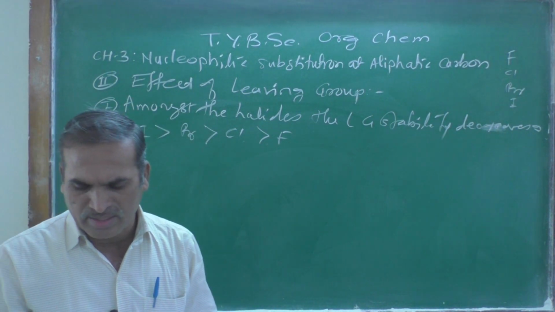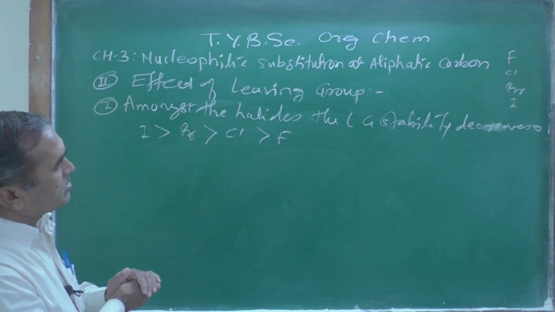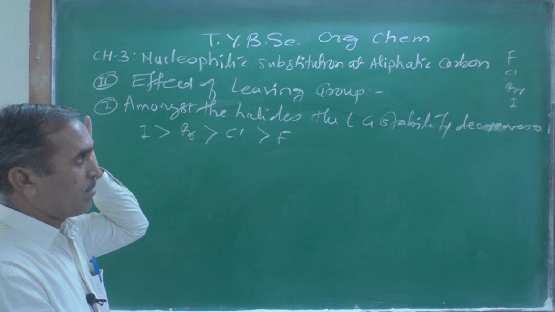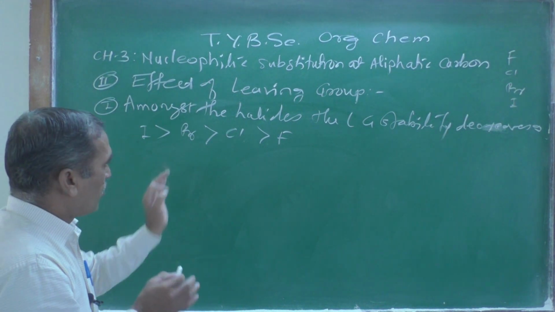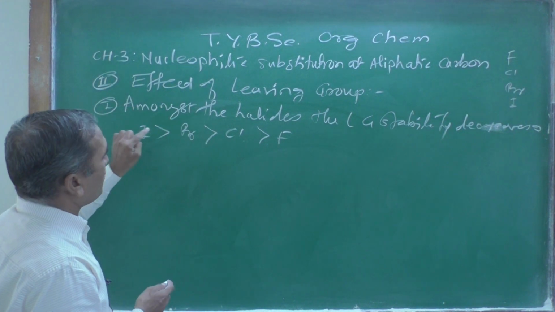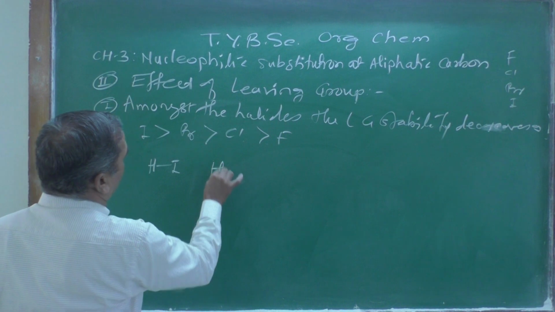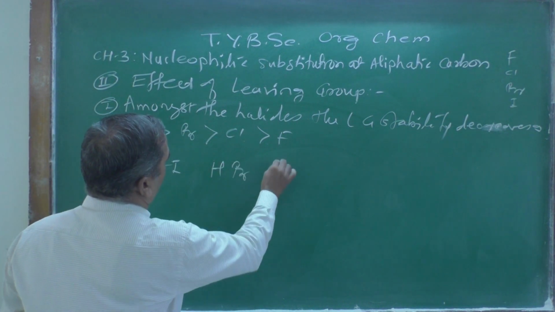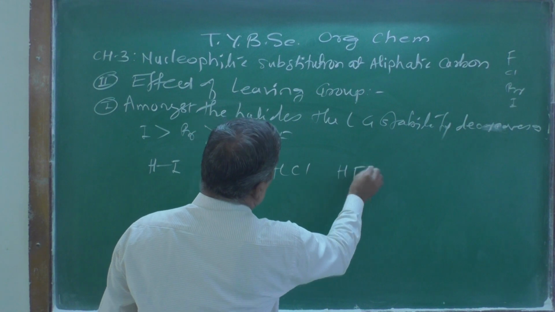Let us look at one of the reactions. Among the halides, the leaving group stability decreases from iodine, and what do you see over here? There are I minus, or let us see here, HI, then HBr, HCl and HF.